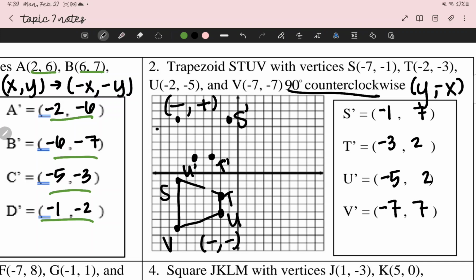And that was V prime. Okay, and I can go ahead and connect them. So I am done there. Now I have my rotated figure. All of my points match up the way I thought they were supposed to, where the x's should be negative and the y's should be positive. So that matches. I know I'm good.